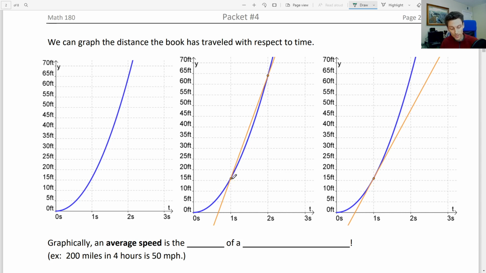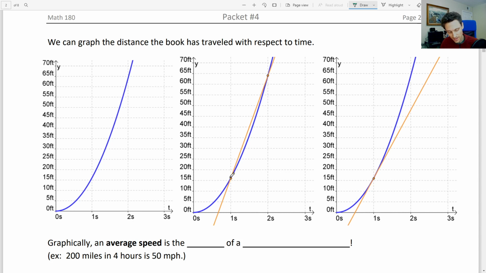And then what you do is calculate, like we did, the change in the distances, which is this vertical distance from one point to the next. We take the 64 feet minus the 16 feet.